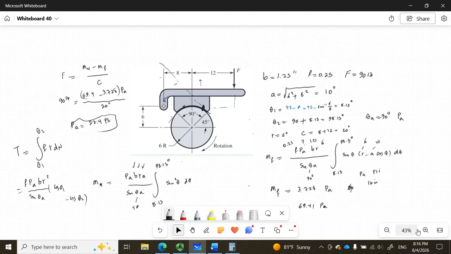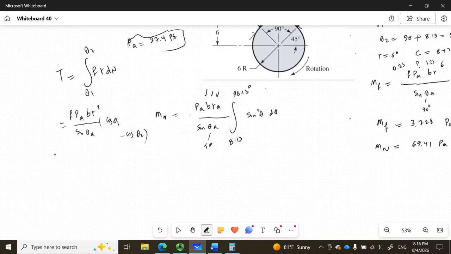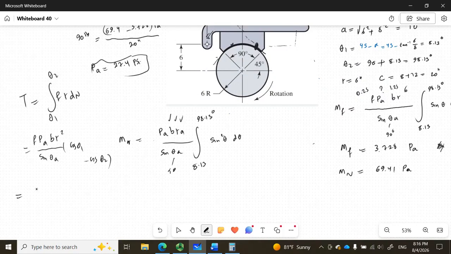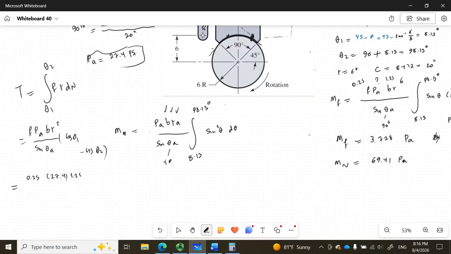Again, we have everything, right? So friction coefficient was how much? I forgot that guy. Was it 0.2? 0.25. PA 27.4. B was 1.25. The radius is 6. Divided by sine of theta A, which is 90 degrees.